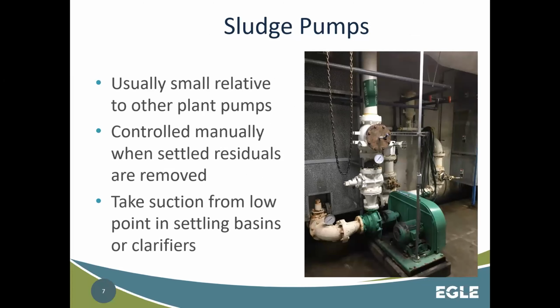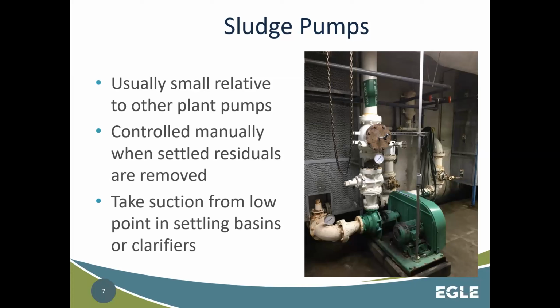Now we'll change gears. This is, again, just an overview of where you might see a sludge pump, right? So the sludge pumps are usually a diaphragm or a positive displacement pump. They're relatively small in size, we're talking 5, 10, 20 horsepower, sometimes much smaller than that even, relative to the other pumps in the plant.